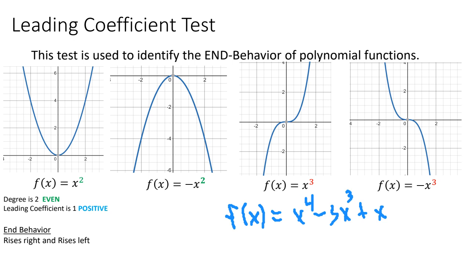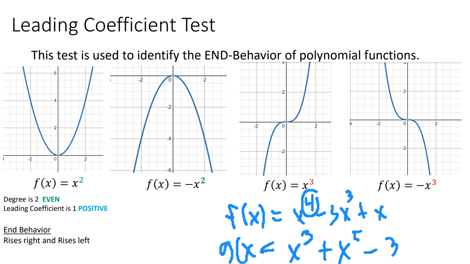Then the degree of this would be 4 because that's the highest exponent. Sometimes they give it to us out of order. What if we have g of x equals x cubed plus x to the 5th minus 3? Then the degree is going to be 5 because that's the largest exponent. Okay. So that's what I mean by degree.